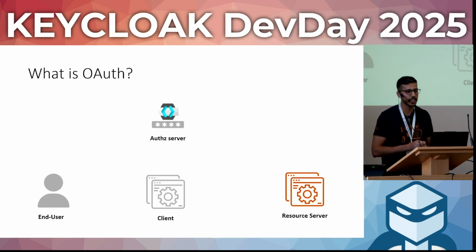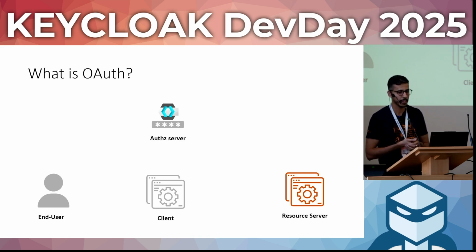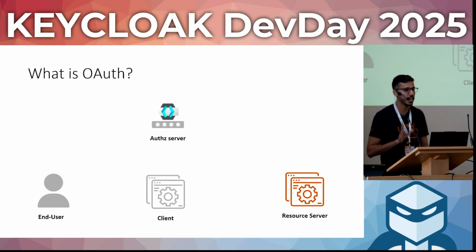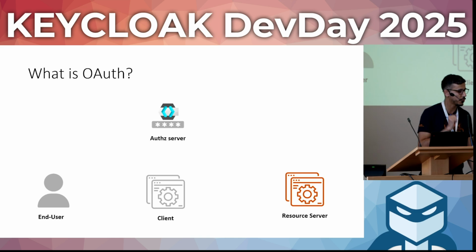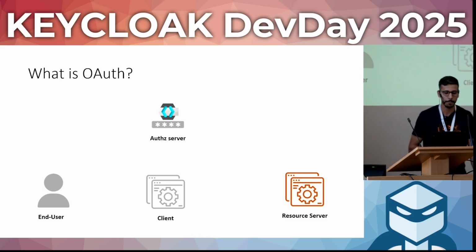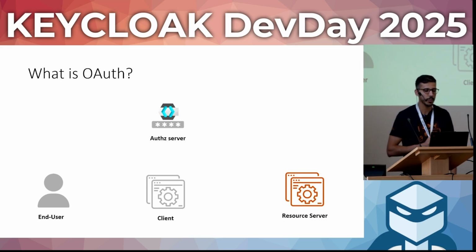A brief introduction about OAuth and its security model. I won't go through the details on how this flow is executed, but here is the essence. In OAuth, we have 4 actors: an authorization server, an end user, a client, and a resource server. By the end of this flow, we will get a key.